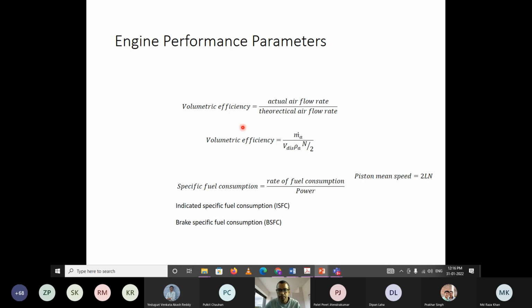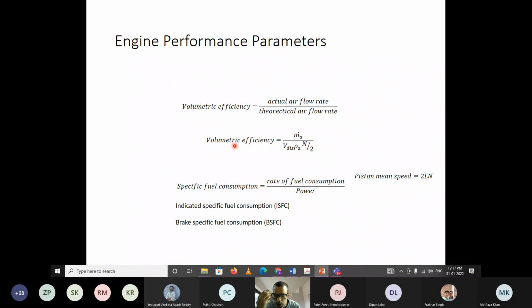One of the very important things I also pointed out is that when you are designing the engine, particularly the spark ignition engine, your major motive is how to improve the volumetric efficiency of the engine so that we can get more power output, or how the volumetric efficiency can be flattened over a larger engine speed range.